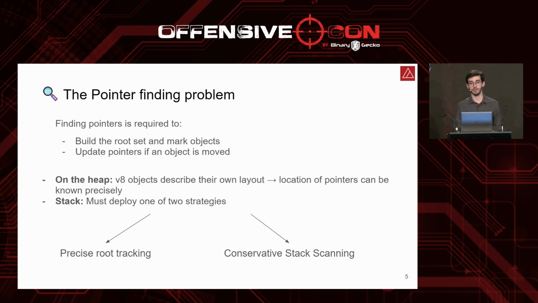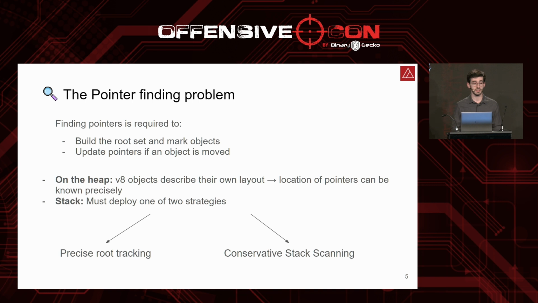In V8, on the heap, this is done by having every object describe its own layout. So there are type-specific visitors implemented for every type that inform the GC about where pointers may be found in any given object. On the stack, however, since the layout of C++ stack frames is not well defined, it's not easy to know where pointers may reside.